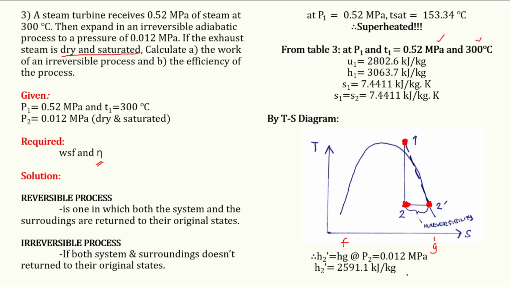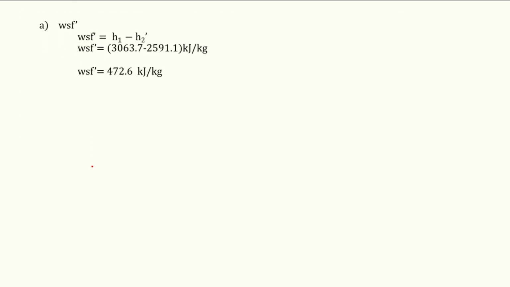So, okay na tayo sa H2'. And meron na rin tayong H1, makukuha na natin si work steady flow prime. So, solving for work steady flow prime, it is equals to H1 minus H2 prime. Sa H1 nakuha natin, 3063.7. H2 prime is 2591.1 kilojoules per kilogram. Therefore, work steady flow prime is 472.6 kilojoules per kilogram.